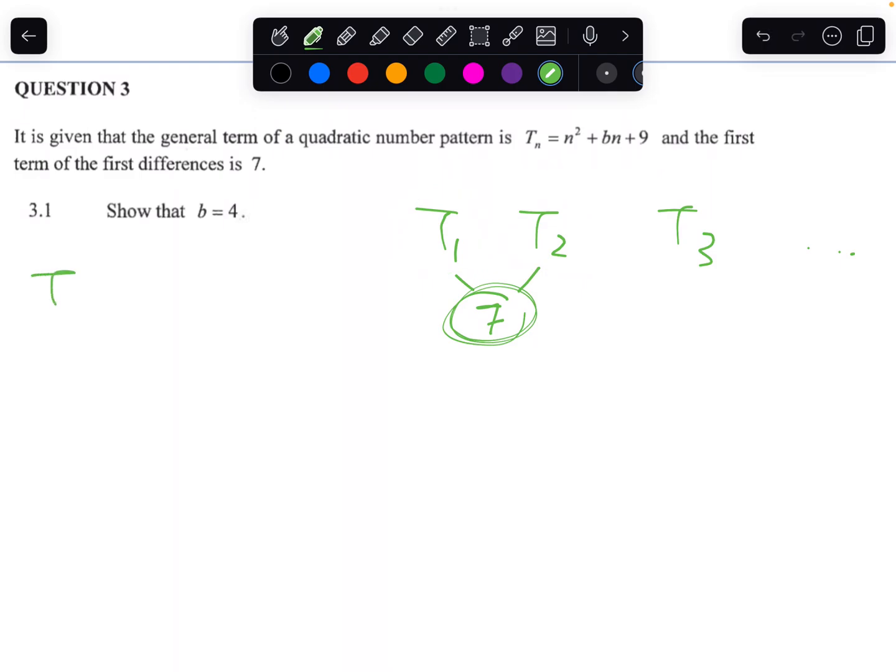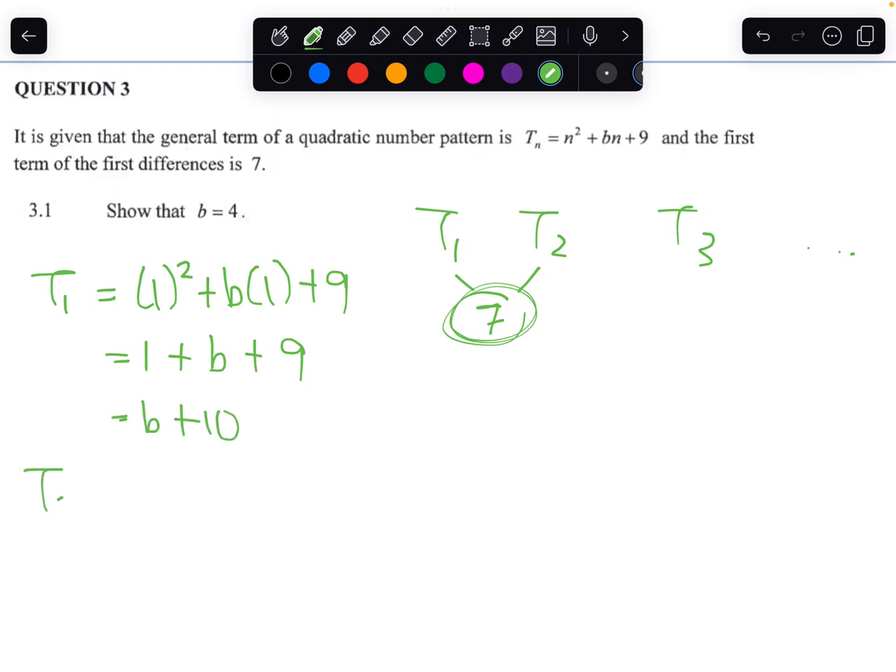So term 1 is 1 squared plus b times 1 plus 9, which is 1 plus b plus 9, which is b plus 10. Then term 2 is 2 squared plus b times 2 plus 9, which is 4 plus 2b plus 9, which is 13 plus 2b.